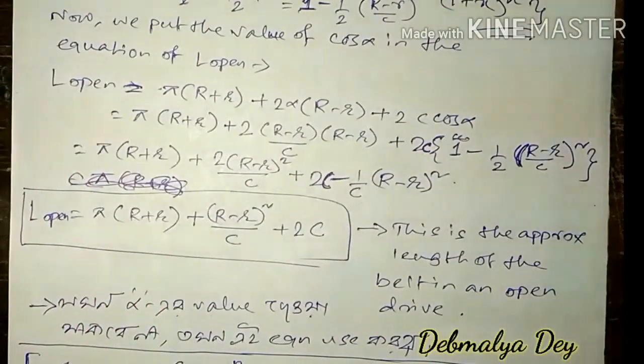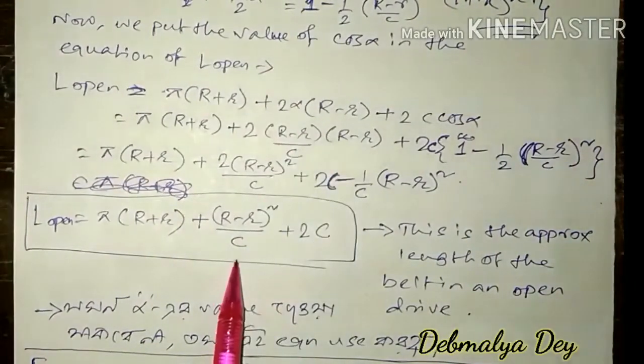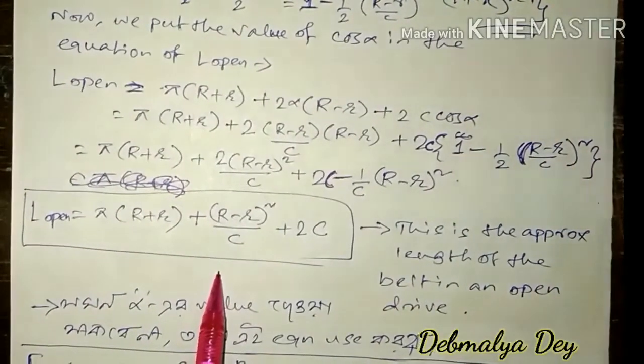The length in this equation will be an approximate value, because we have considered only the first two terms in the infinite series. We will use this formula when the value of alpha is not given, and the previous formula when the value of alpha is given. So that was the derivation.